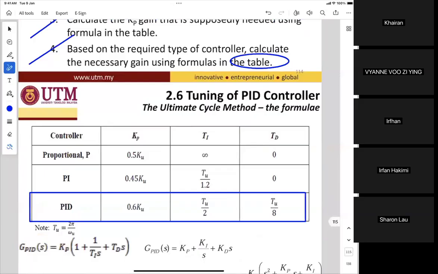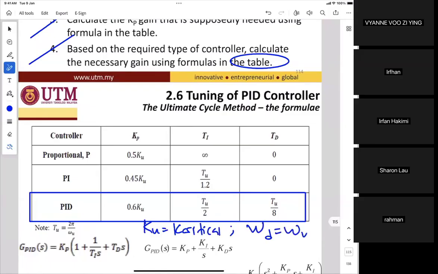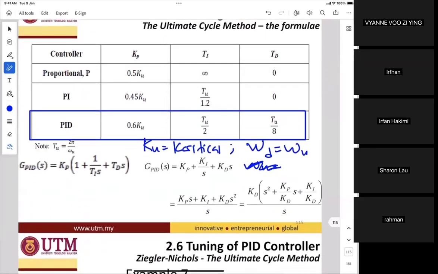0.6 KU, TU over 2, and TU over 8. KU actually is the K critical, and the omega D is actually the omega U. TU is equal to 2 pi divided by omega U. So once you know omega U, you already know 2 pi, so 2 pi divided by omega U, then you will get TU.